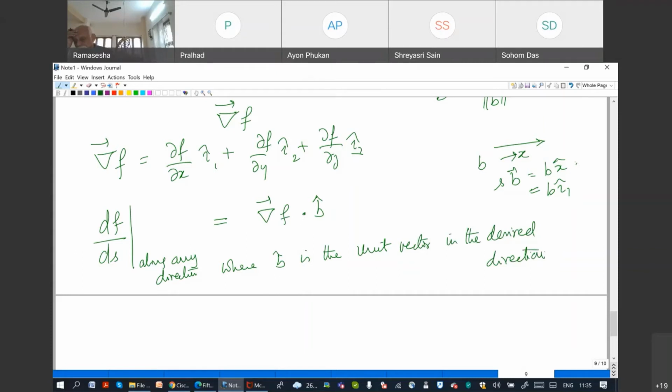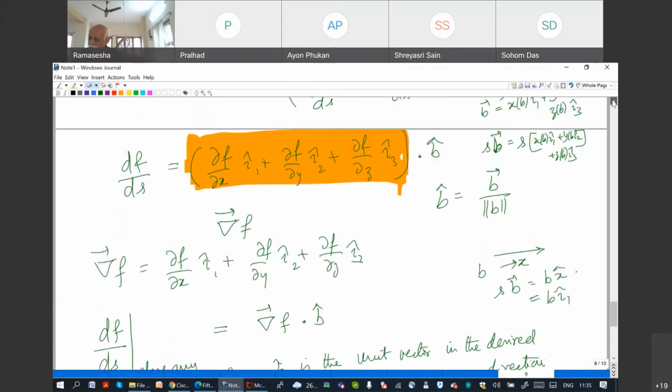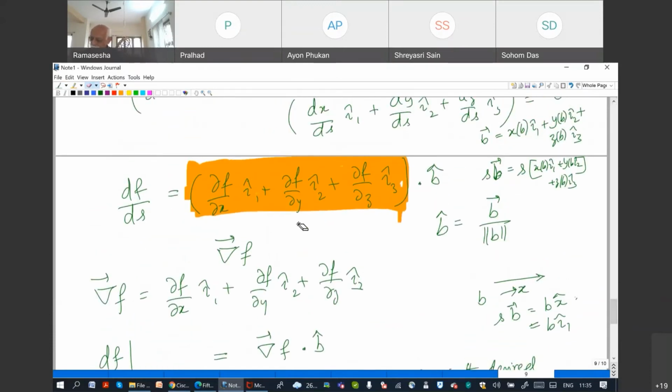Sir, what is direction of grad f? I have defined what is grad f here. Okay, so because I'm taking two dot products here, I can call this grad f dot b.